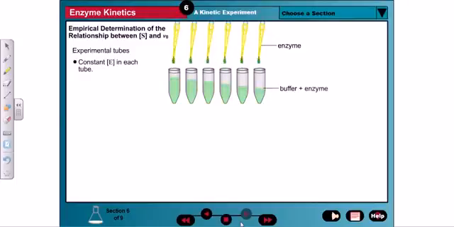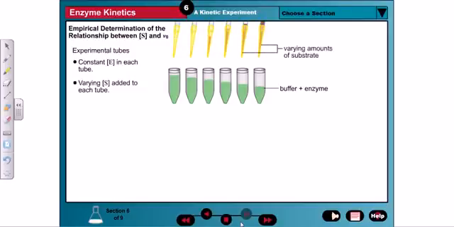Each tube contains a constant amount of enzyme, but the amount of the substrate placed in each tube varies. For easy analysis, the biochemist often chooses a substrate that yields a product that has a different color or different fluorescence.